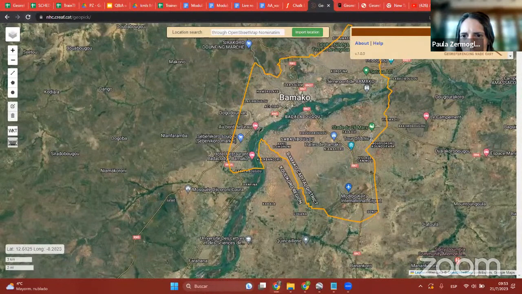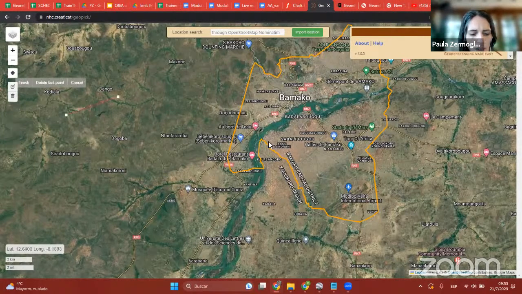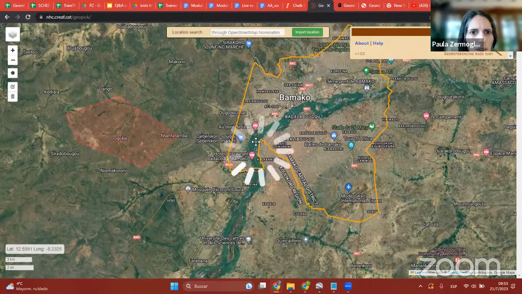Okay, I believe this one is okay. I'm going to paste it somewhere just to have it. There, that's the polygon that I just drew.